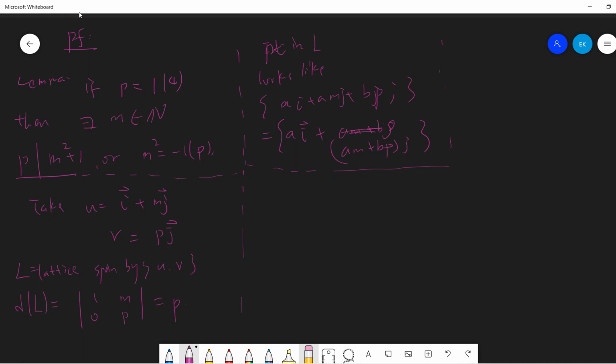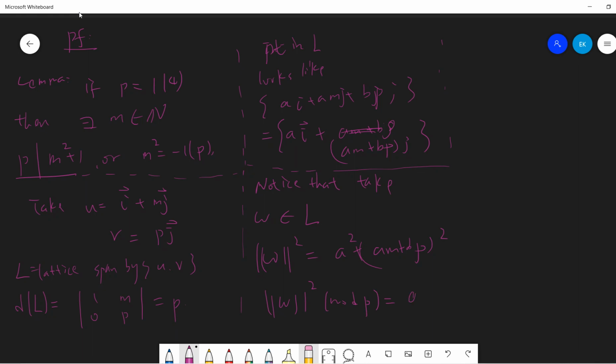Okay, so notice that take any omega belonging to L, and we calculate the norm. What we have is a squared plus (am plus bp) squared. And how about mod p?